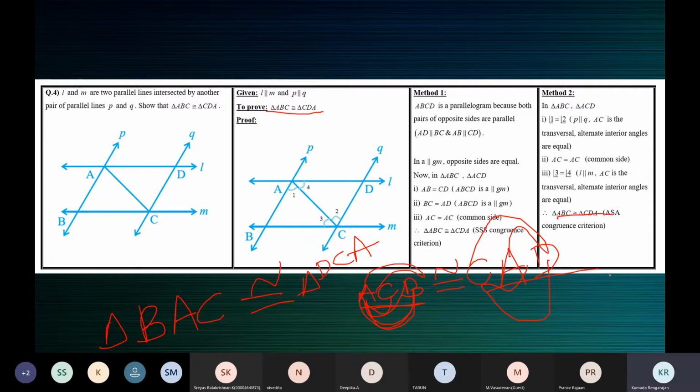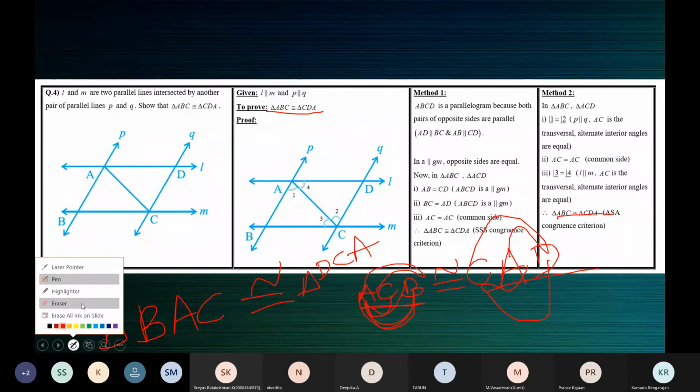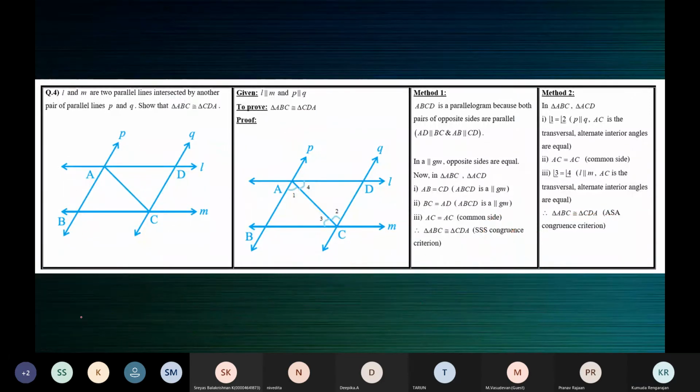Shreyas, I'm done. Please ask me, what's your doubt? Ma'am, in that first proof, you have written that A is parallel to GM. Which line? In method 1?